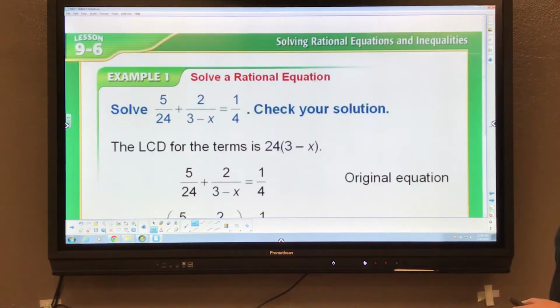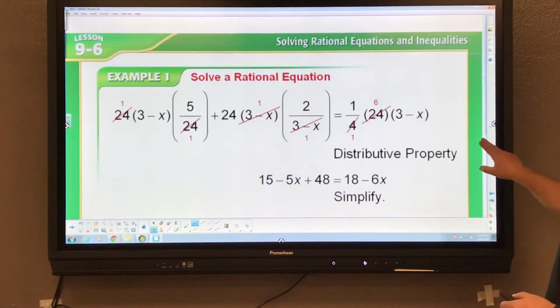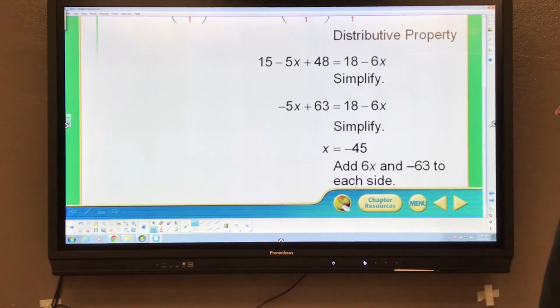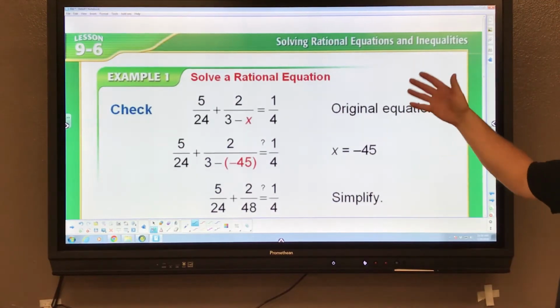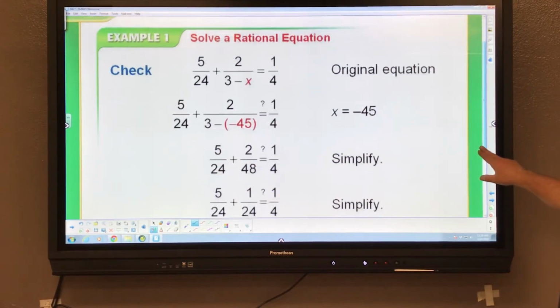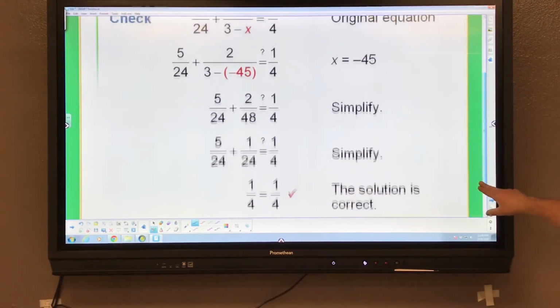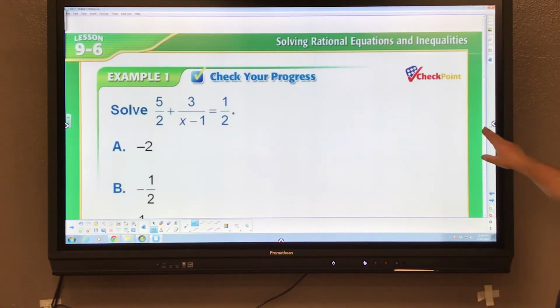I hope the negative 45 is right. If not, I'll come back and fix it. Negative 45. Okay. If you didn't get all that, back it up and look at it again. Here is the checking, and you can see what they've done is they put negative 45 in place of x, did the work and simplified it and found it out. So the solution is negative 45.